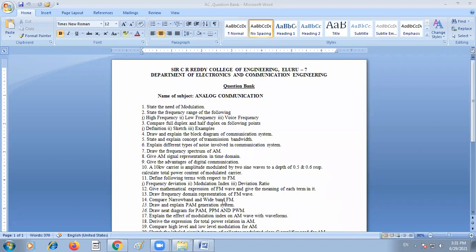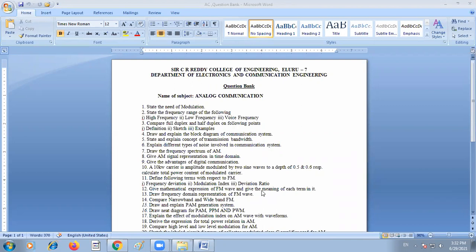That is frequency deviation, that is the del F, and modulation index, that is the beta, deviation ratio. Okay. What is the del F? Frequency deviation. How much frequency is deviated from the carrier frequency? Okay. That the phase deviation is there and frequency deviation is there. The frequency deviation, how much frequency is deviated from the carrier frequency?